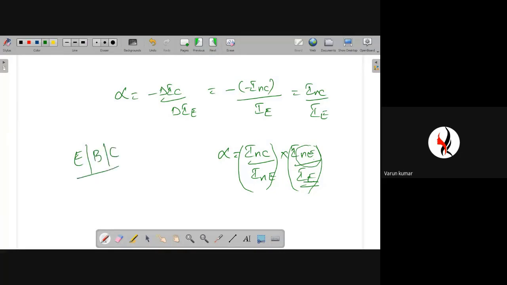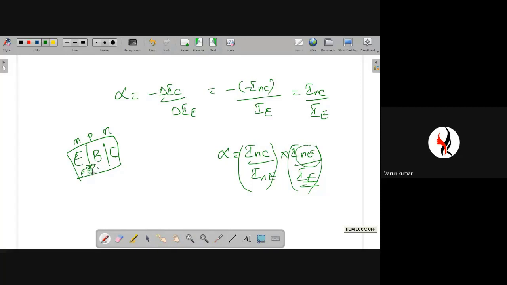Emitter efficiency is nothing but how many electrons will be transferred from the emitter to the emitter junction. Suppose n number of electrons are traveling towards the junction that exists between emitter and base, how many electrons actually reach it before recombination? That indicates your emitter efficiency.